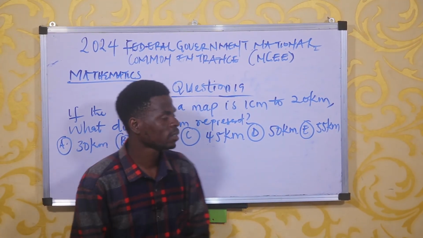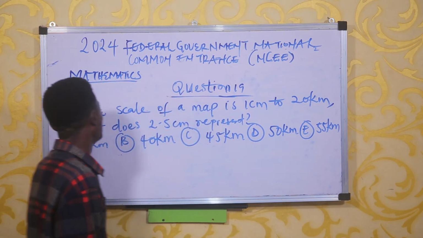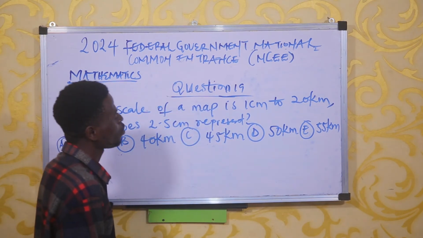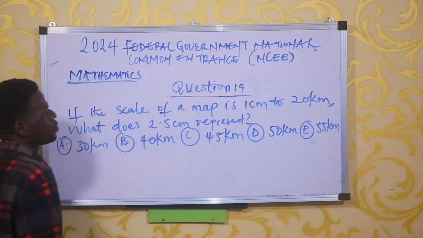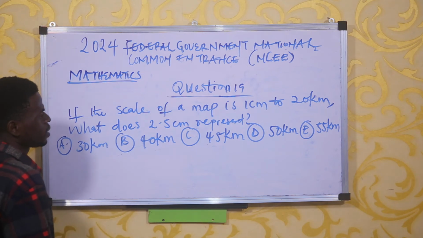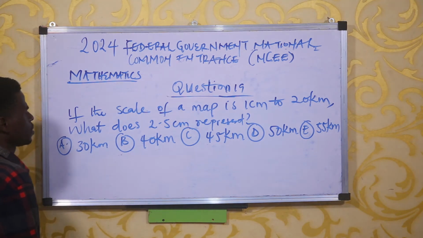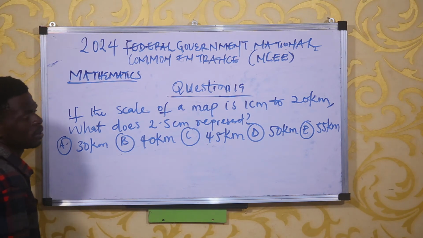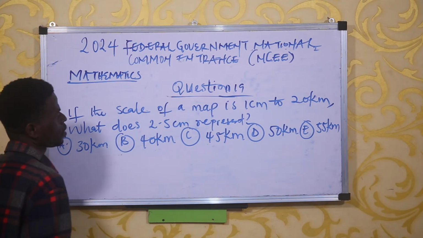Question 19 says that if the scale of a map is 1 centimeter to 20 kilometer, what does 2.5 centimeter represent? That is 1 centimeter to 20 kilometer.